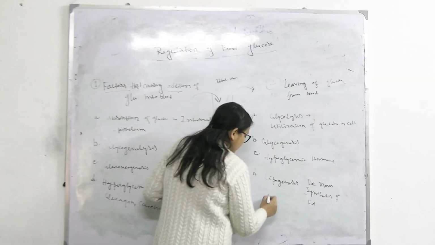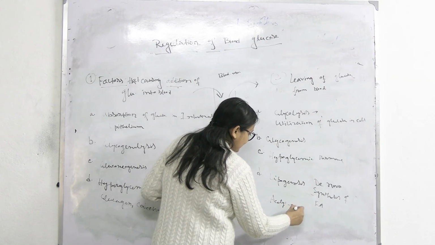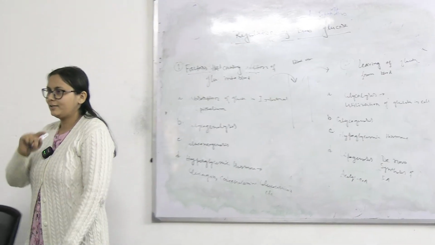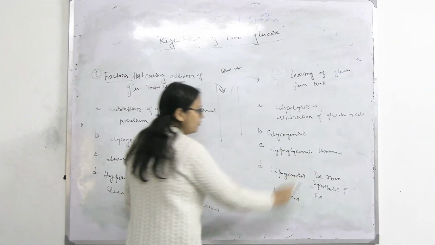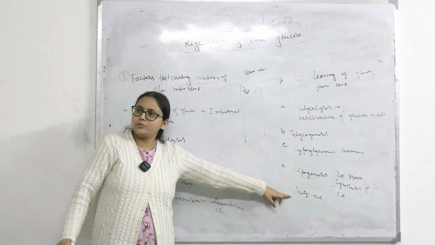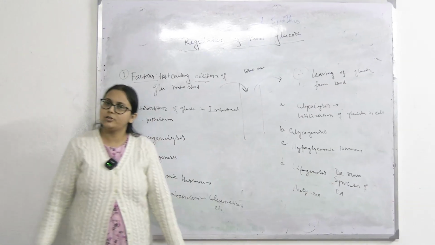Acetyl CoA comes not directly from glucose. From which molecule? Pyruvate. Very good. So this comes from glucose, and this is also a pathway for utilization of glucose.